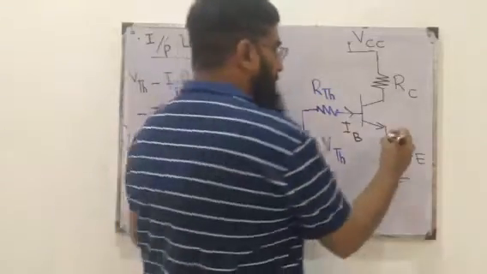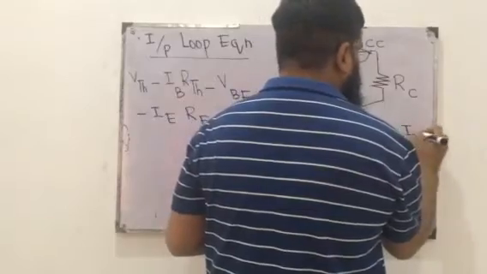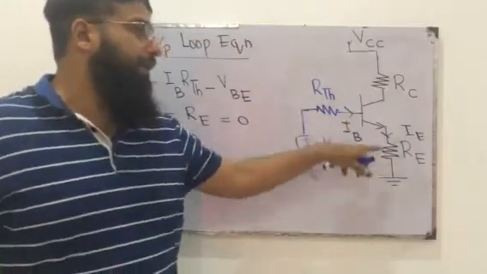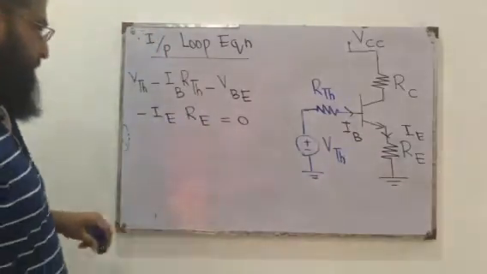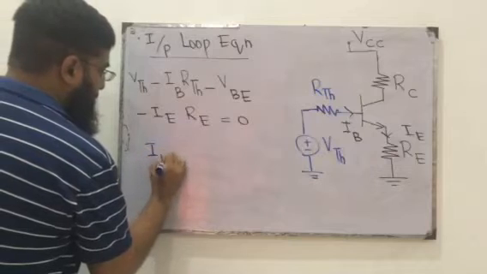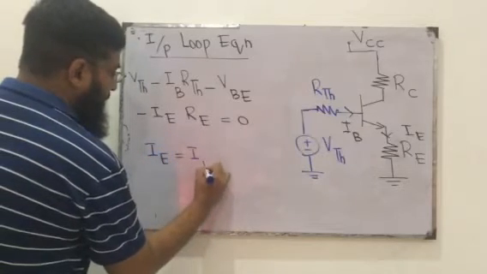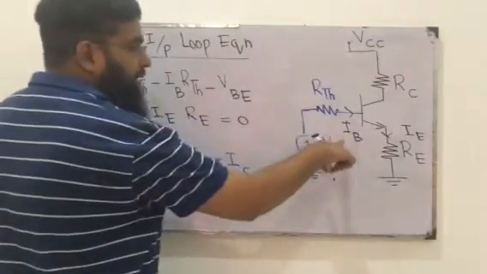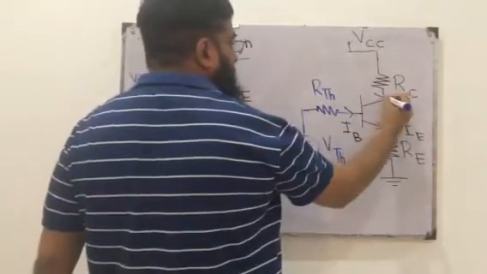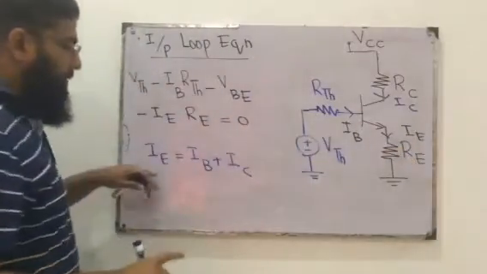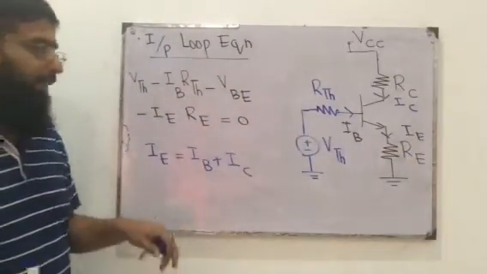As we have already discussed, the current flowing out of the emitter terminal into RE is IE. For an NPN transistor, the base current enters the base, the collector current enters the collector, and the emitter current comes out of the emitter. So the emitter current can be written as IB plus IC.